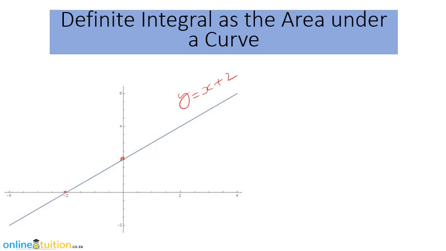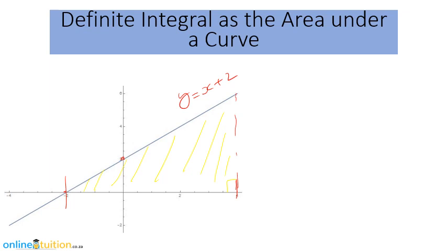That's the first thing you want to verify. The next thing I want to do is work out the area from minus 2 to 4 under this straight line. So firstly, I want to do this geometrically using some very simple math we learned way back in grade 8 or something like that.